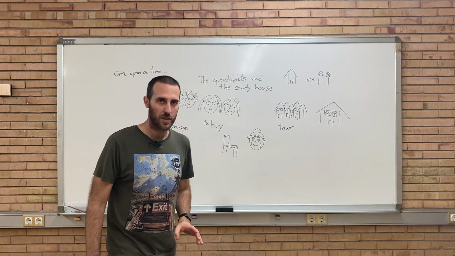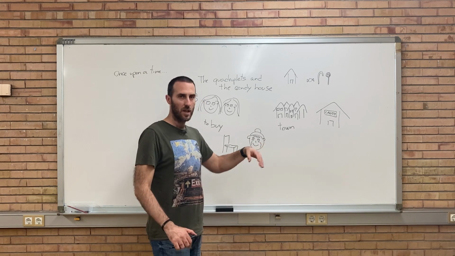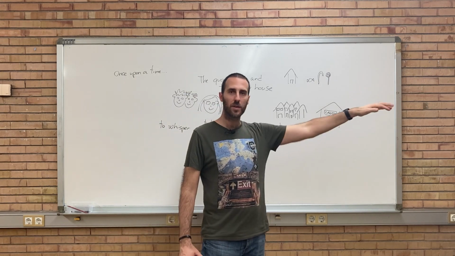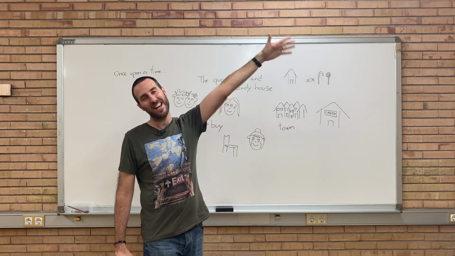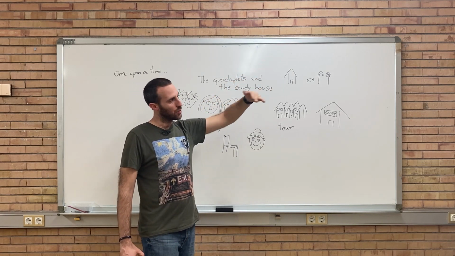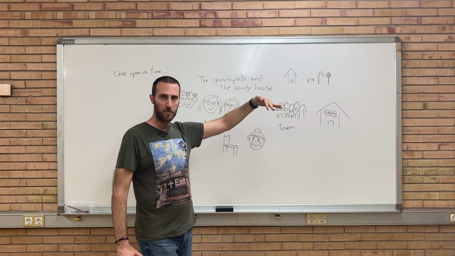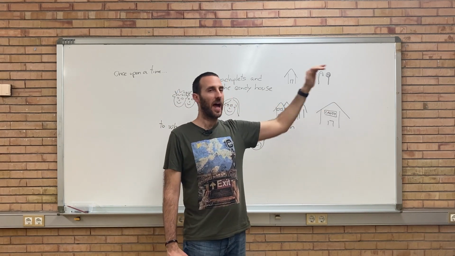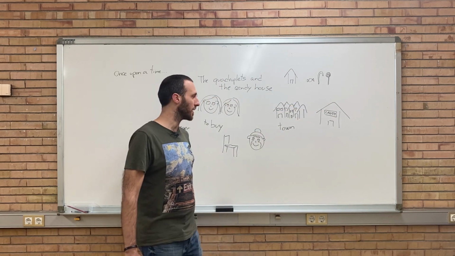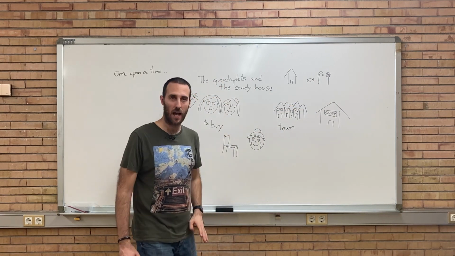In the forest, if you walk through the forest, at the end of the forest, you cross the river, there is a river, and you cross the river, and you walk through the forest, and at the end, there is a candy house.